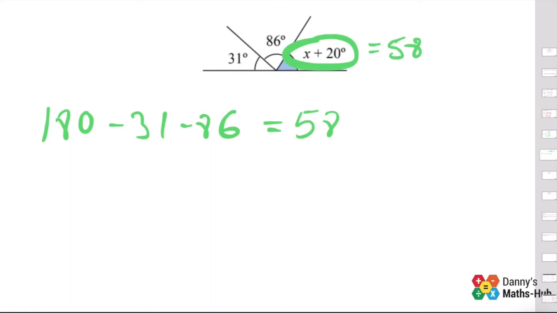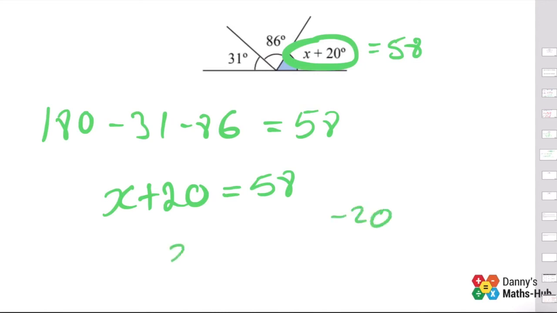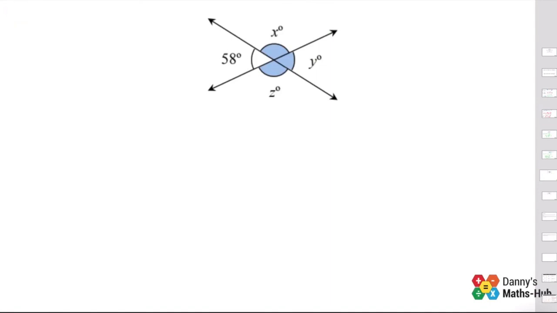However, it's currently x plus 20. Well, we know x plus 20 has to equal 58. So what do we add 20 to get 58? Well, if we take 20 away, we'll find out. x equals 38.